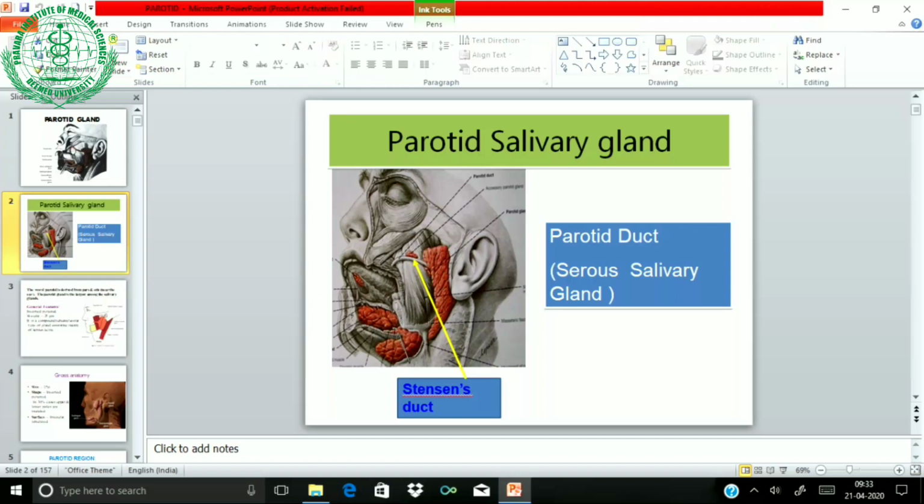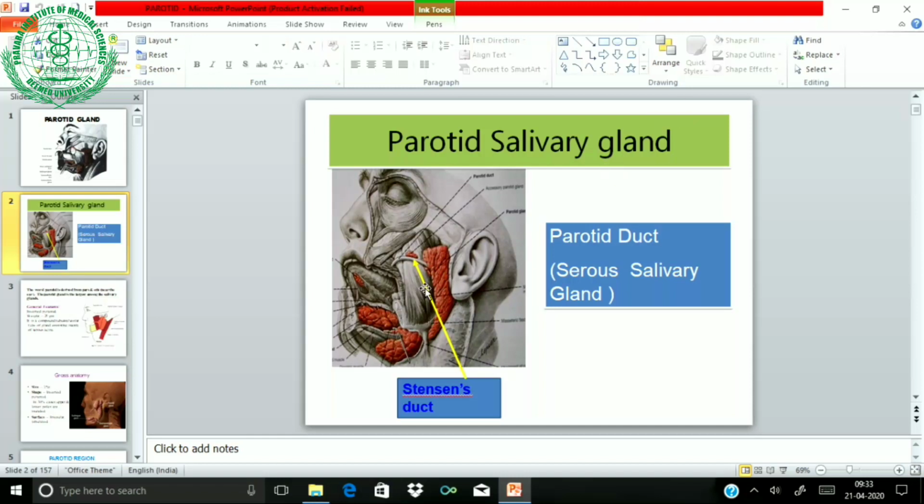So the parotid gland is an example of a serous salivary gland. The secretion from the parotid gland is saliva, and it is drained through the parotid duct. This parotid duct is also known as Stenson's duct.